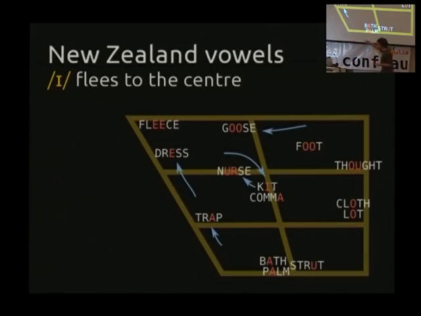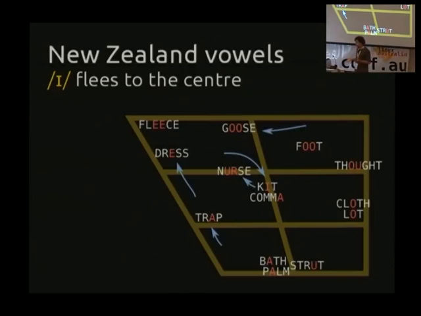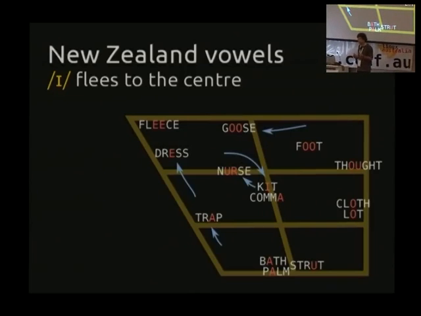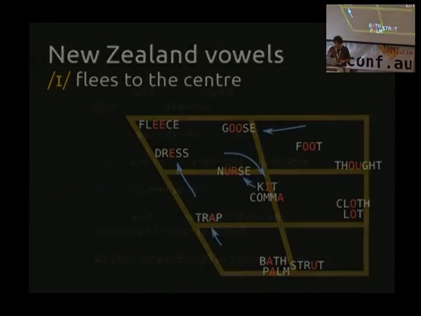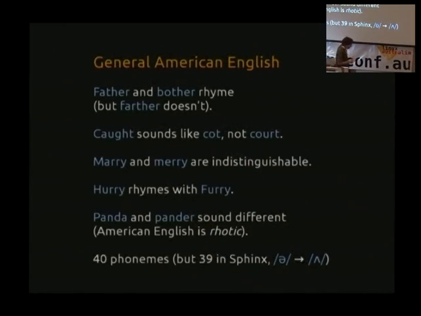But anyway, the kit went into the middle and merged with the comma vowel, which is the first syllable in about, the last syllable in comma. So this is just some of the consequences. I talked about father and father, and panda. Americans pronounce those two differently because they have this rhotic accent where they pronounce the R's.